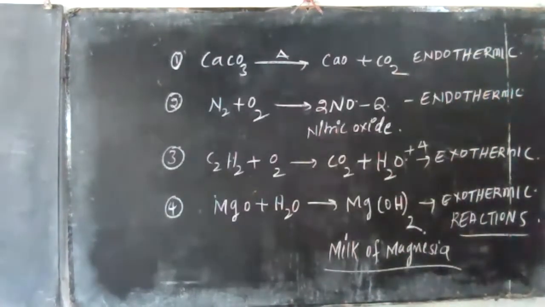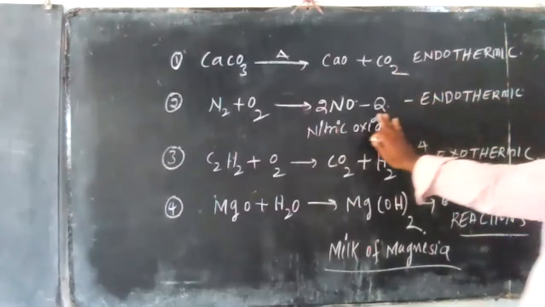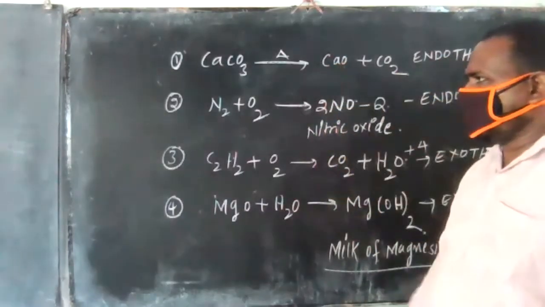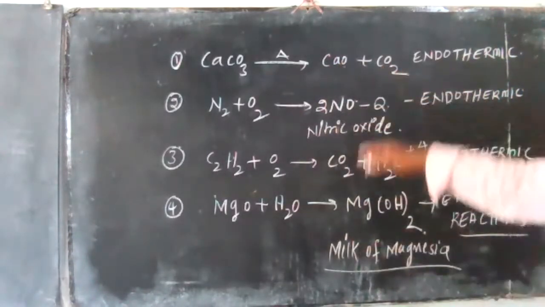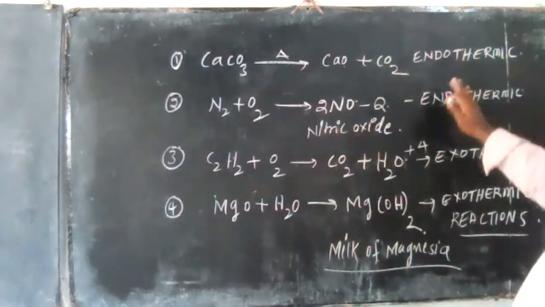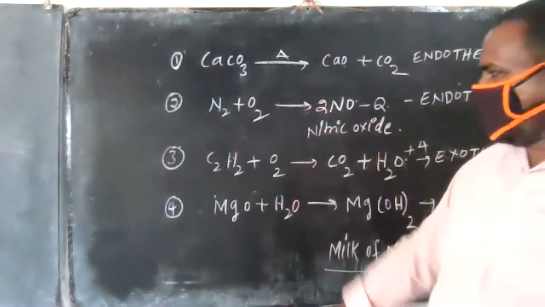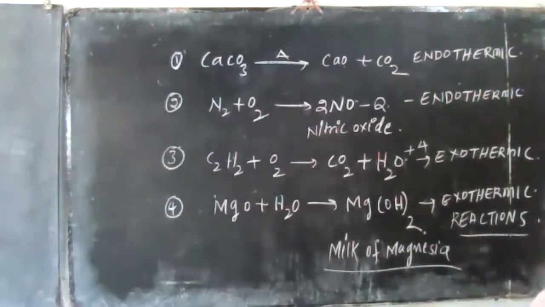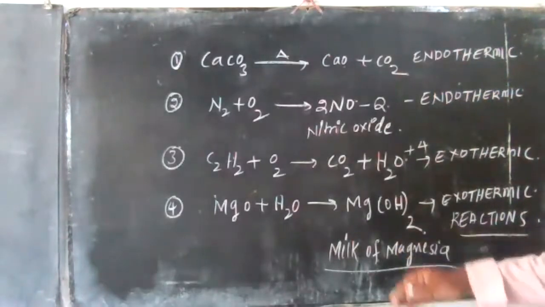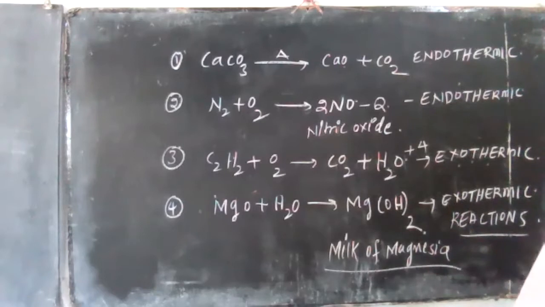Are you understanding? Yes, sir. The first and second are endothermic reactions, very important too. In both, heat is absorbed to form new substances. In the third and fourth, the chemical reaction occurs, new substances form, and heat and energy are released.